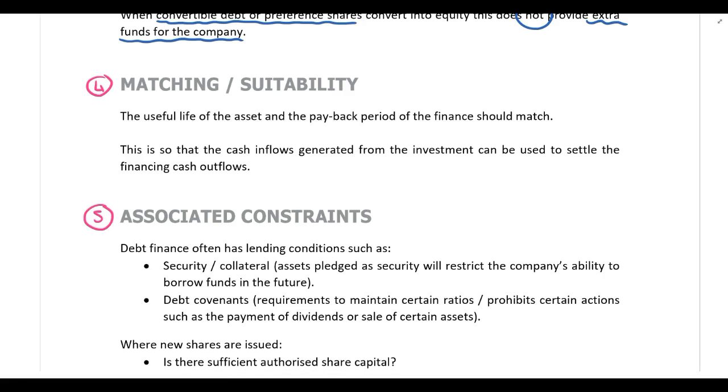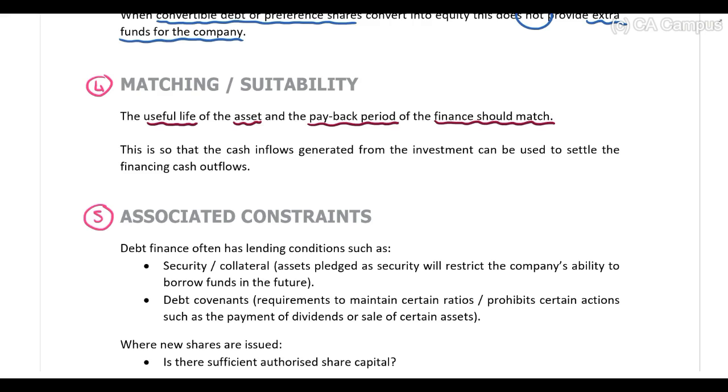Then the next heading that we need to look at is matching or suitability. And the logic that we follow is the useful life of the asset and the payback period of the finance should match. So in other words, guys, if the company has an asset with a useful life of 5 years, they should then try and find finance which is going to be repayable over a 5-year period.